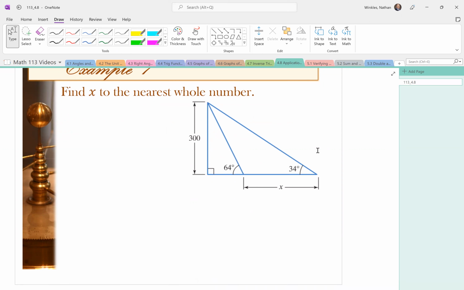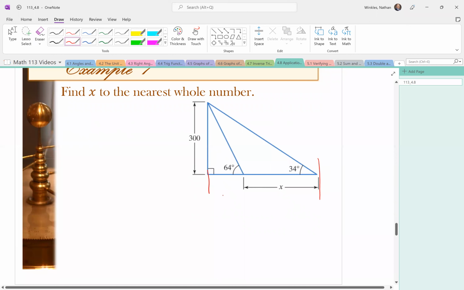So one way to do this is I can find this entire distance. I'll call it y. So we can find that tangent of 34 is equal to 300 over y.